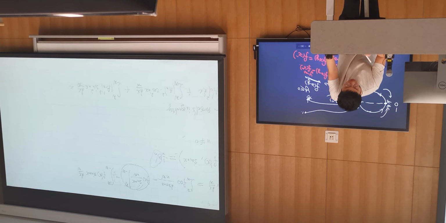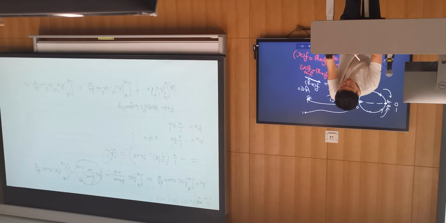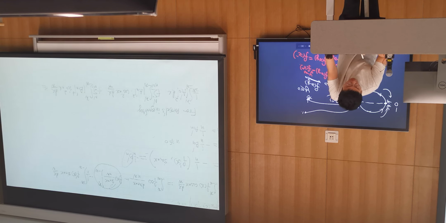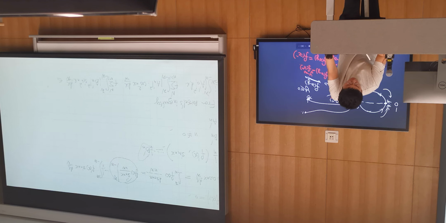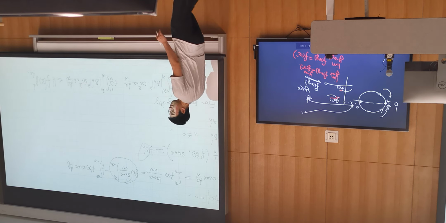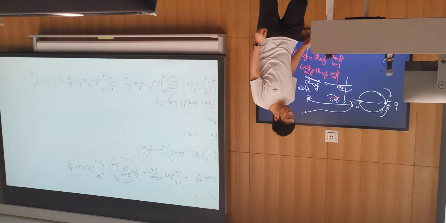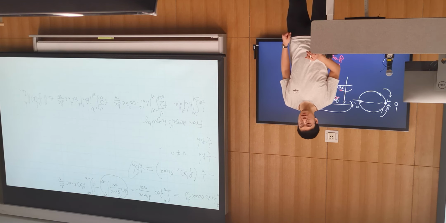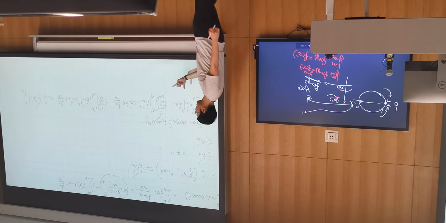This should be smaller than or equal to, here is the sum, m from 1 to n, the square of the 2 norm of f prime x. Sounds good? This is the Bessel inequality. Again, what are the left-hand sides?